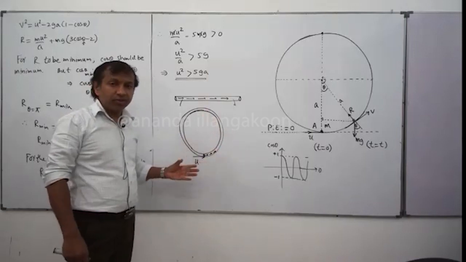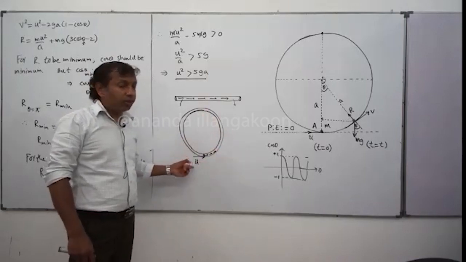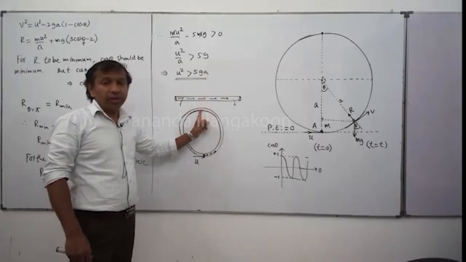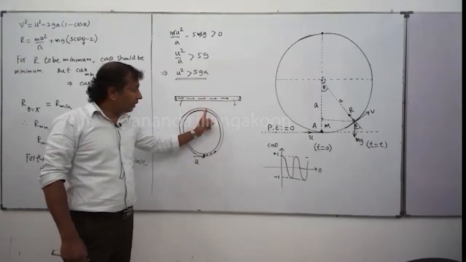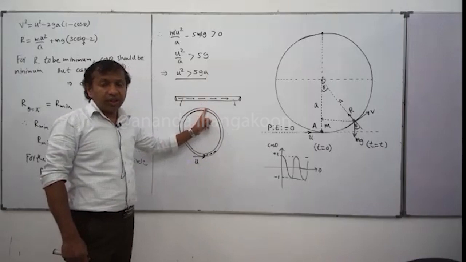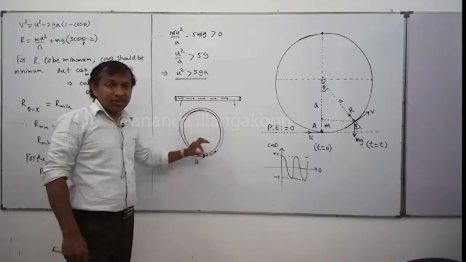That is the first possibility. The other possibility is that the particle can move past the highest position in a complete circle, easily or just.